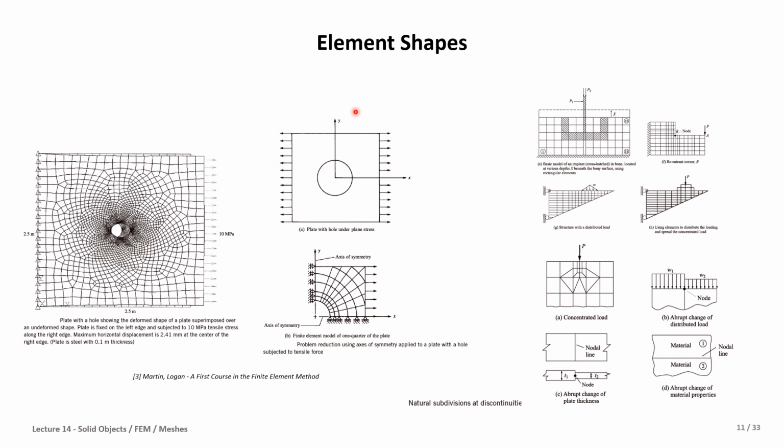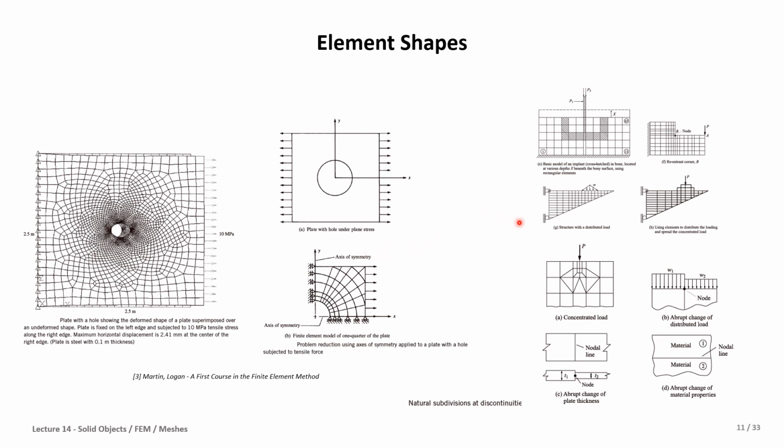Here we see this example, the plate with a hole in plane stress. As you can see, because it's a symmetric geometry, we can solve only a quarter of this domain, and then we have the solution for the whole domain. These are some techniques and requirements to know for this type of solution.